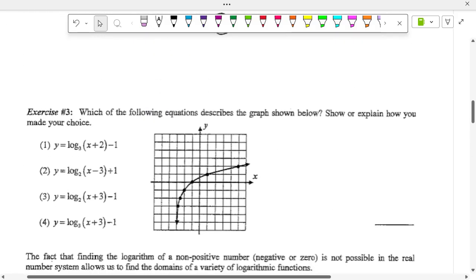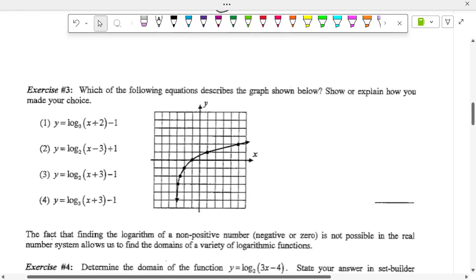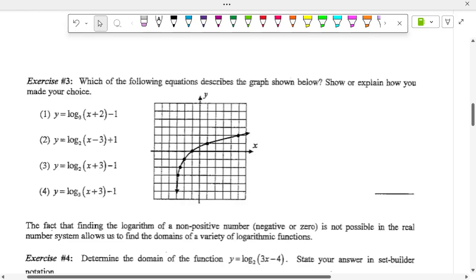So let's look at this one. So example 3. Now, here's my question. This is a logarithmic graph. Where does it look like the vertical asymptote is?